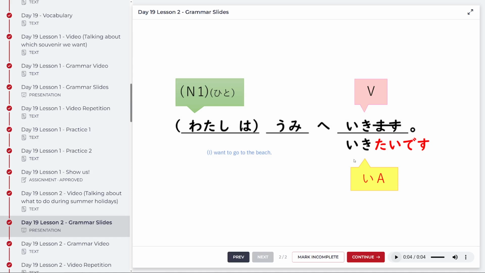And the restrictions on when we can use this tai desu form are the same as hoshi. We can only say this to describe what we want to do, and to ask other people if they want to do something. But we cannot say declaratively that someone else wants to do something. That tracks for me.